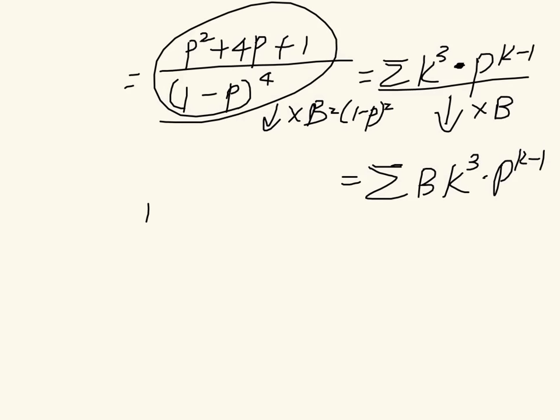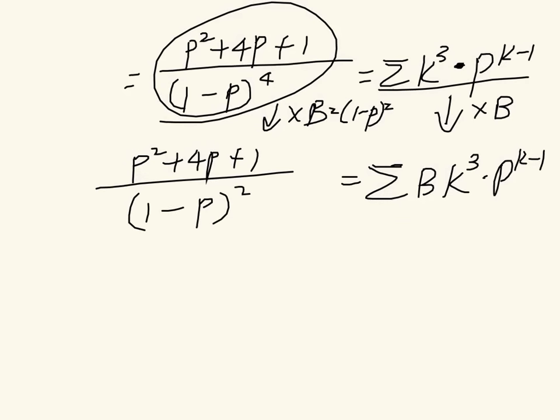So this is (p squared plus 4p plus 1) over (1 minus p) squared. So the expected value of X squared is equal to (p squared plus 4p plus 1) over (1 minus p) squared.